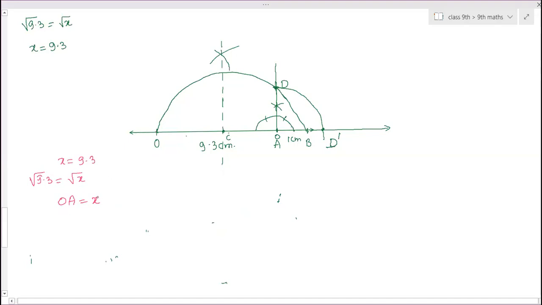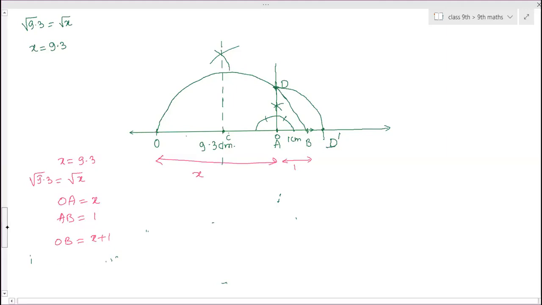So the O to A distance is x. Now AB is 1 centimeter. So what is OB? Tell me in terms of x, because this is a common justification for all types of examples. OB is x plus 1.